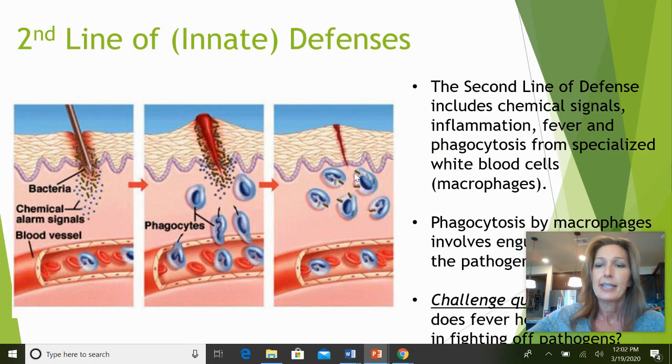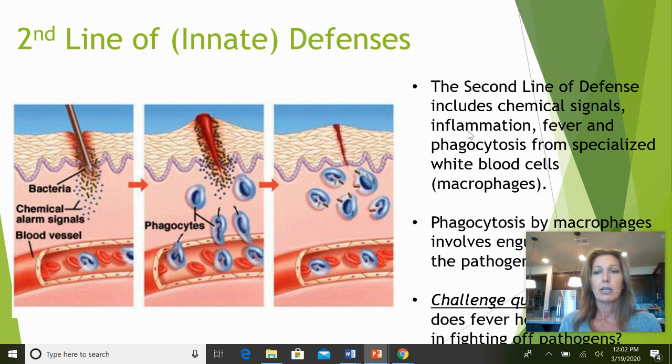Now, the next thing that happens though is something gets in. Now we've got a second line of defense. What gets triggered here is a series of chemical reactions that help bring white cells to the infection. These chemical signals will trigger inflammation. You guys have probably heard of histamines.